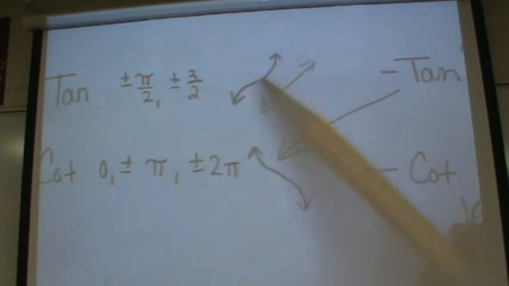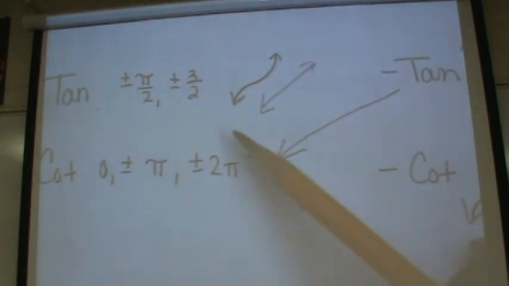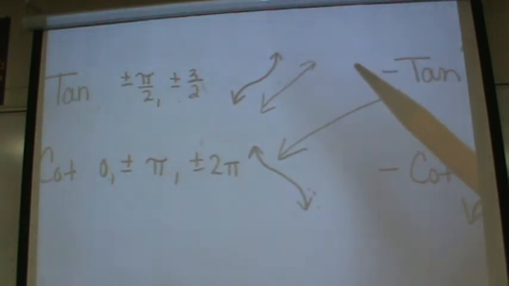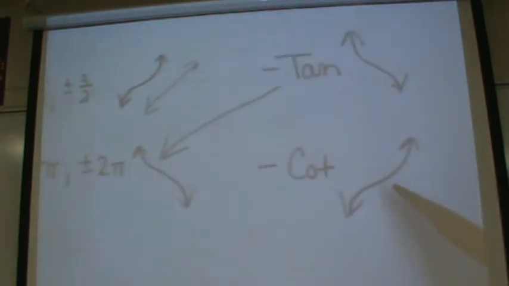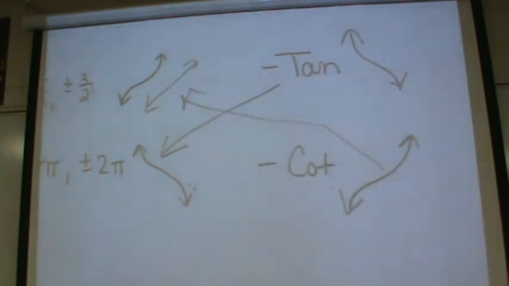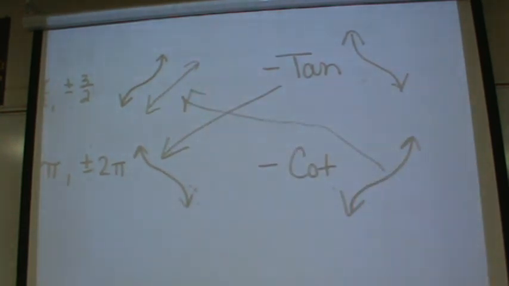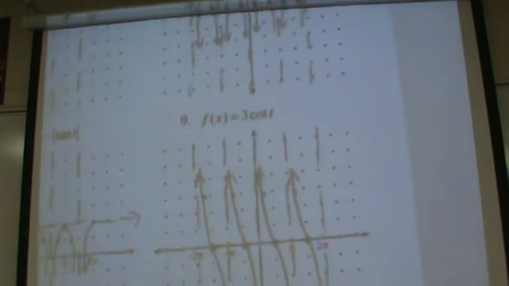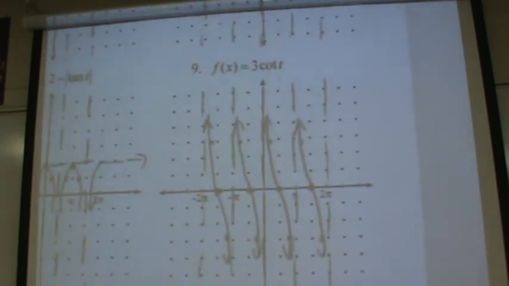Think of tangent as a positive slope line, cotangent as a negative. The only difference is the asymptotes are in different spots. So when you put a negative in front of cotangent, it's going to look like the tangent graph. Does that help you? Ready for the next one?